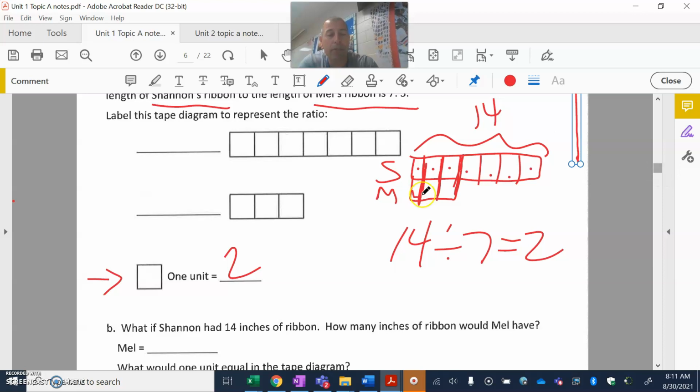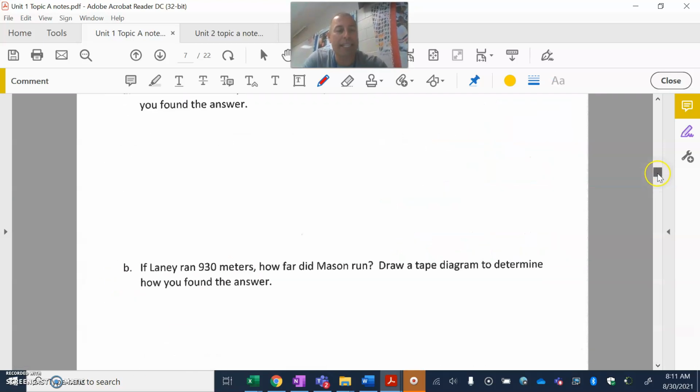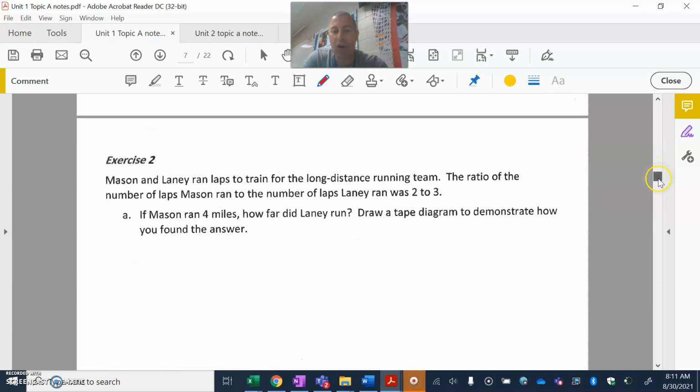You can label your 2s that are there if you want, or at the same time realize, I got a 2, and a 2. We could add, or repeat addition, also known as multiplication. So 2 times 3 is 6. There's where our 6 is coming from. That's the thing that we're after: the labeling, and then how much is each box worth? That's what we're going to see over and over again.